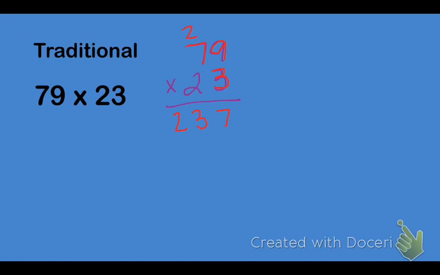So this right here that we just did takes care of 79 times 3. But we're not done, because when we're multiplying, we want to make sure that we multiply every digit in one number to every digit in another number. So now we have to multiply 79 times 20.